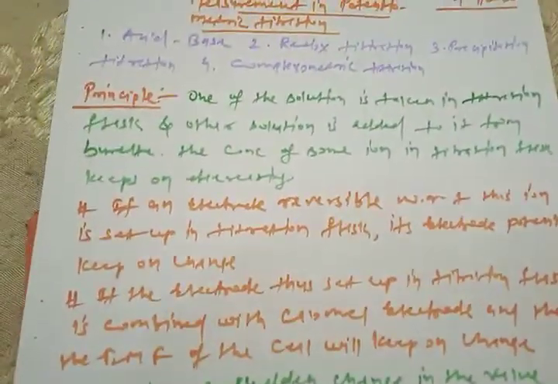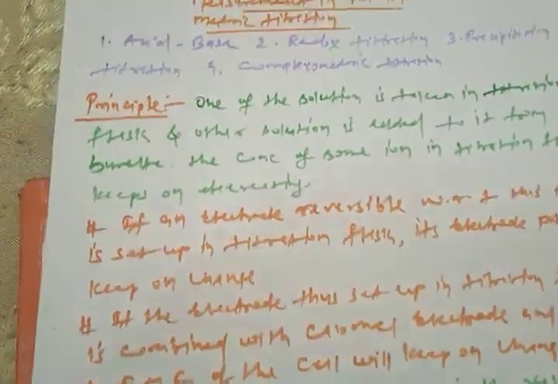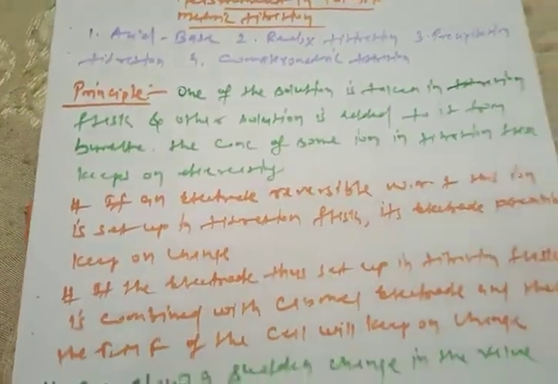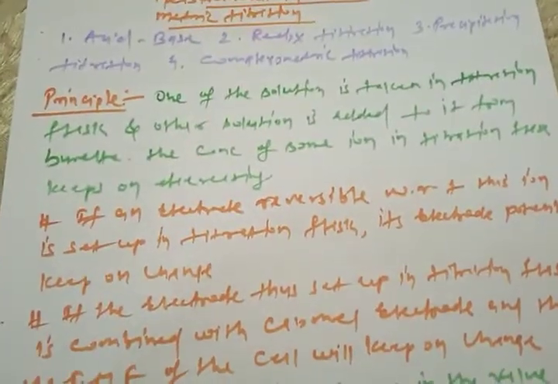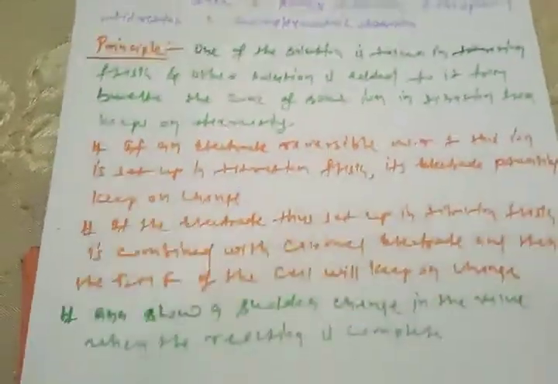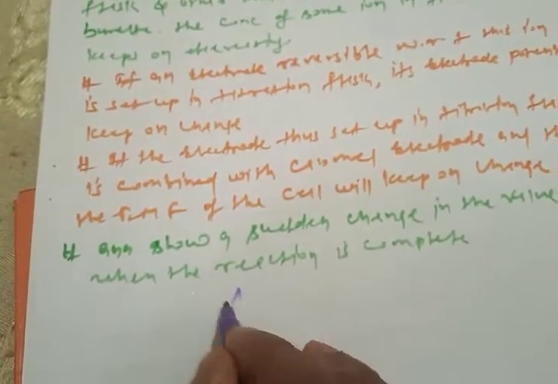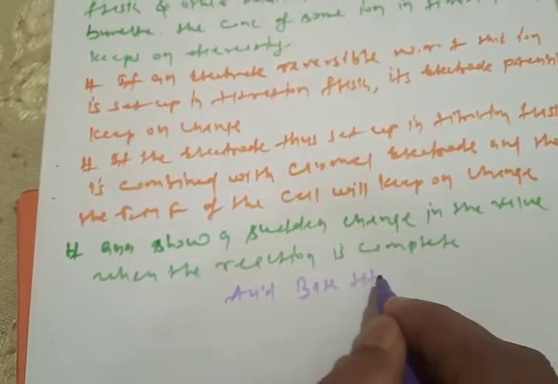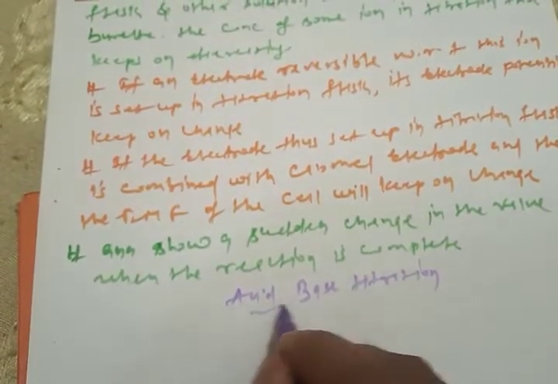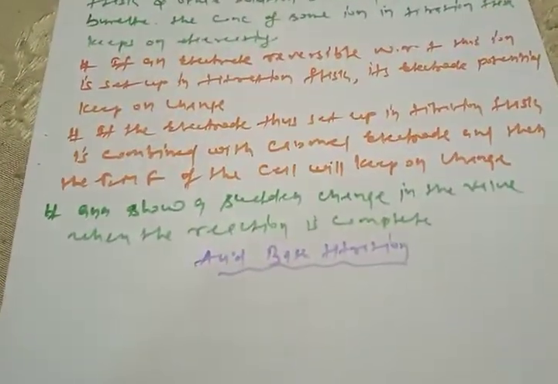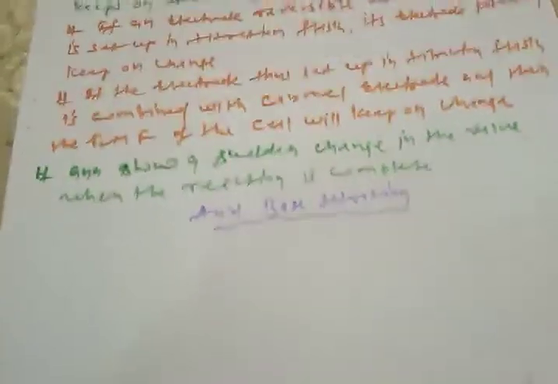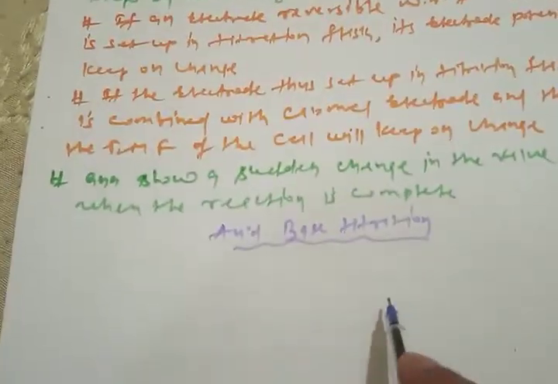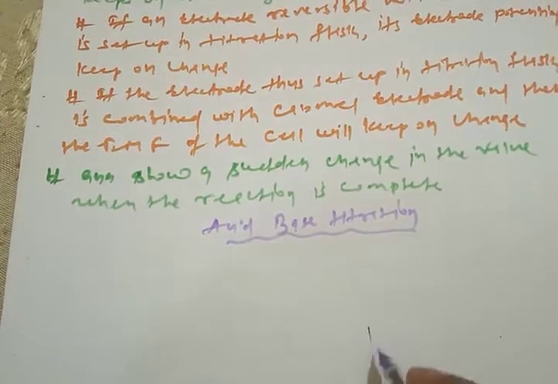Okay, now we will go for one or two examples. Let's take an example of acid base titration. So let's draw the setup. What is the setup for the acid base titration? We all know what we require: a beaker or titration flask, we can say.